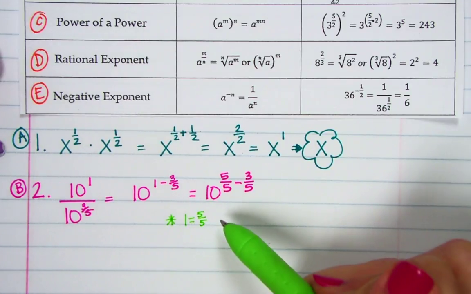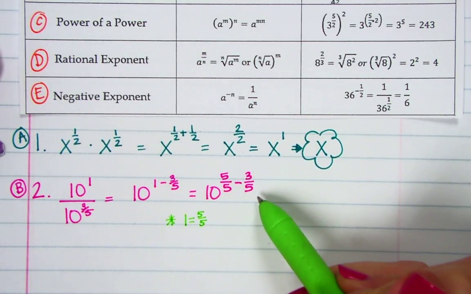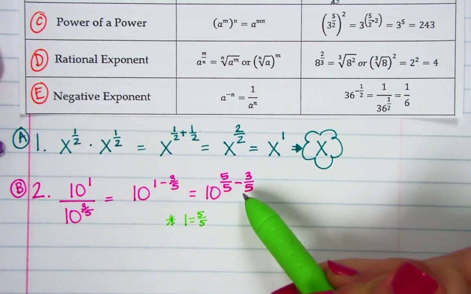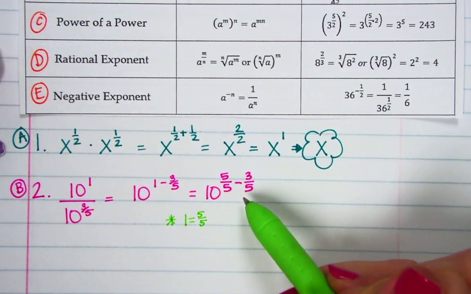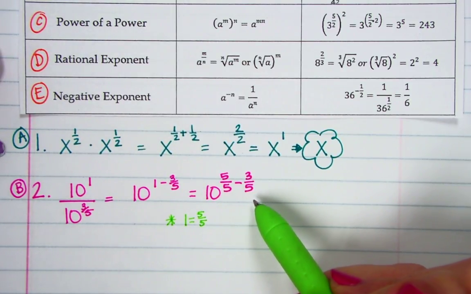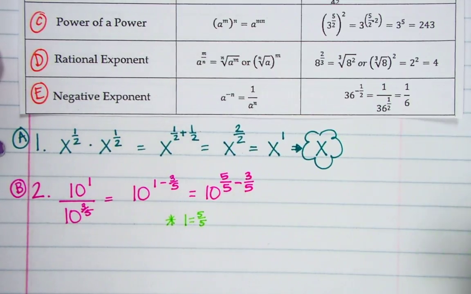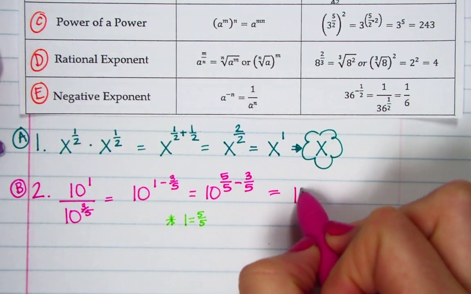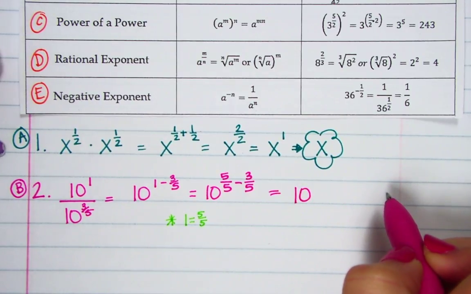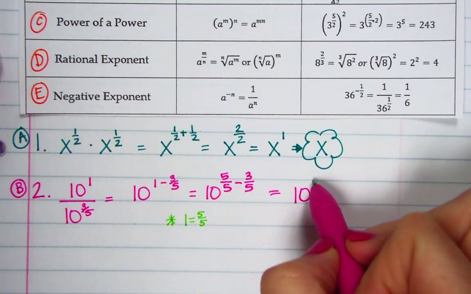Okay, we turned it into 5/5 because we needed a 5 here. You can turn it into whatever divided by itself, whatever you need the denominator to be. Okay, we already had 5, so we turned it into a 5. So what do we get here? 10 to the what? 2/5, right? 5 minus 3 is 2.